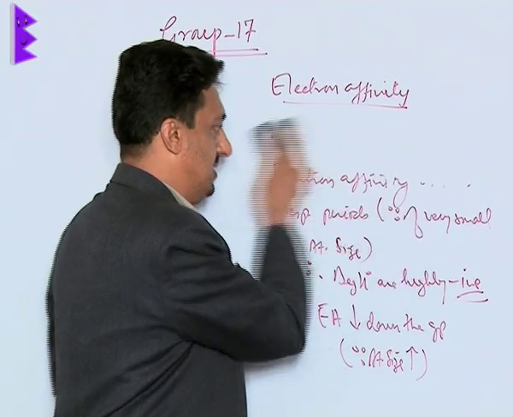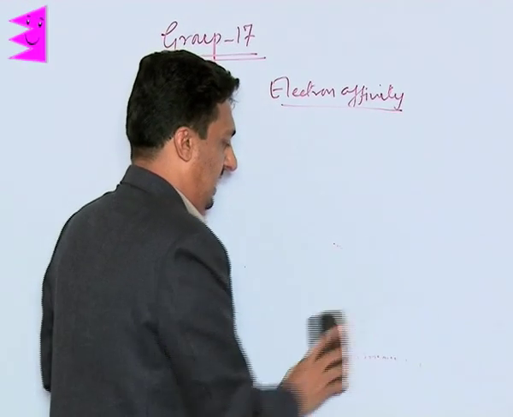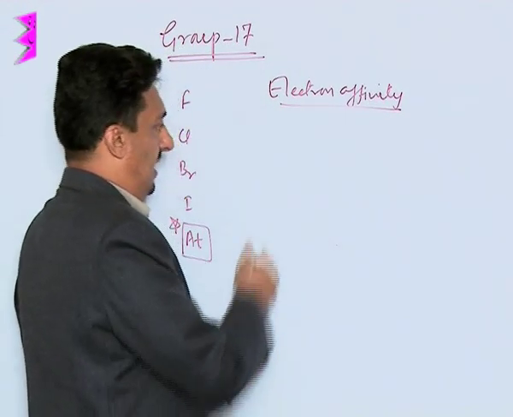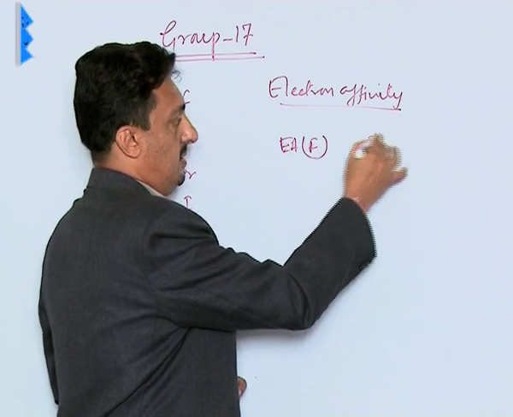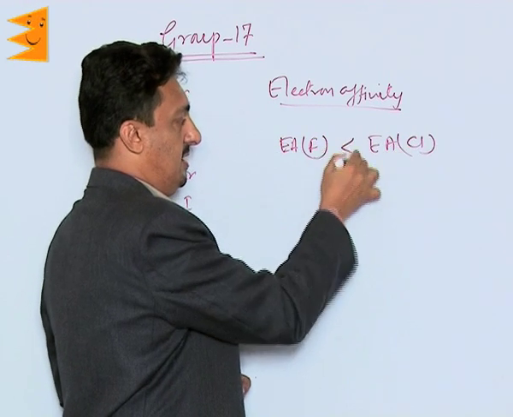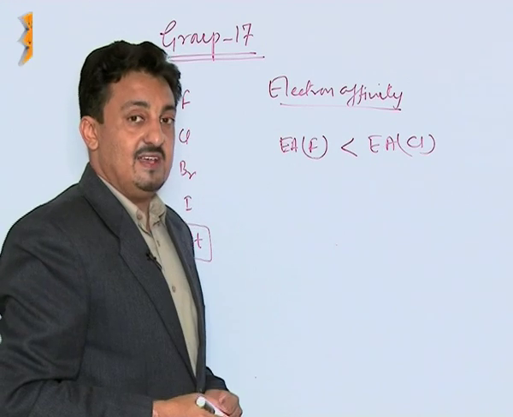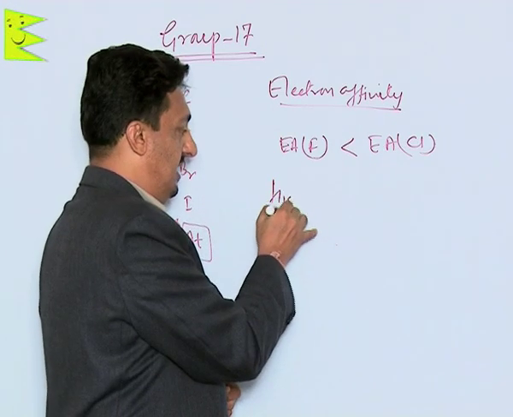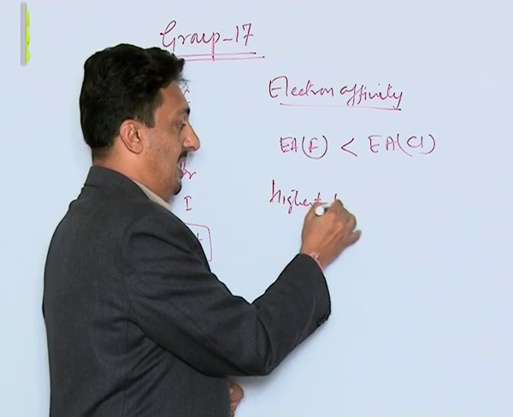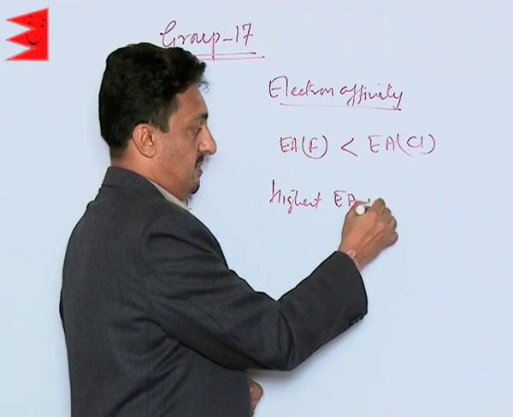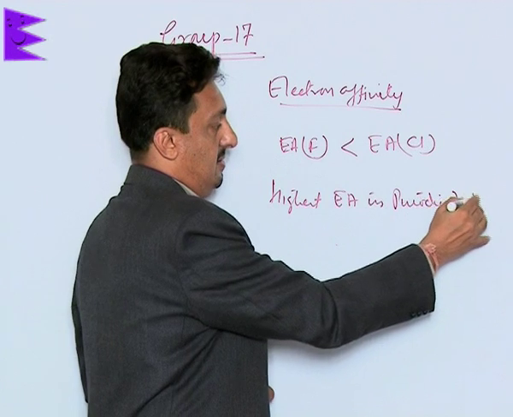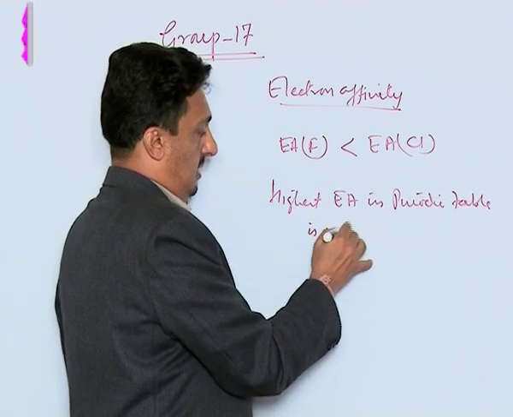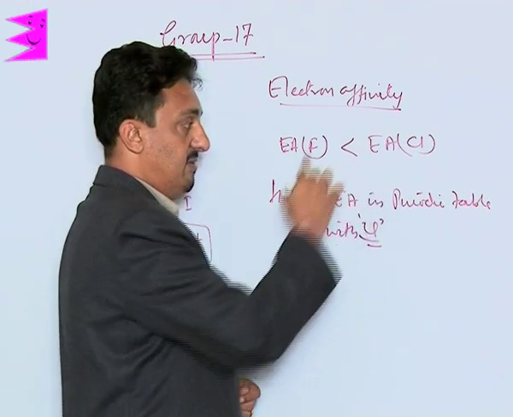But we know this, that when the electron affinity of fluorine is compared with chlorine, chlorine is having the highest electron affinity. So the highest electron affinity in the periodic table is with chlorine. It's not with fluorine.